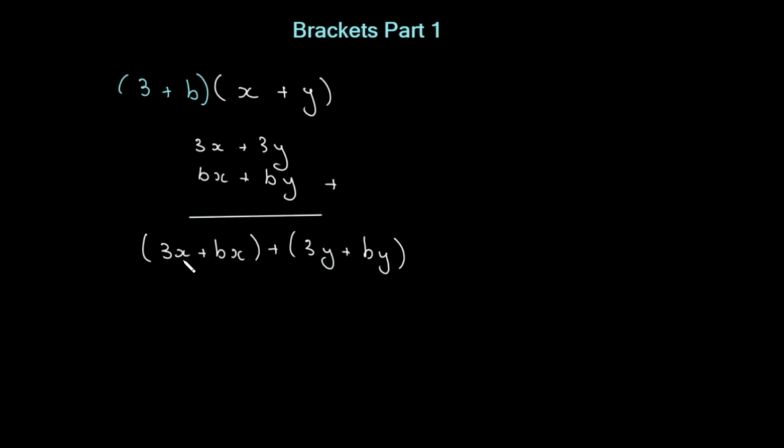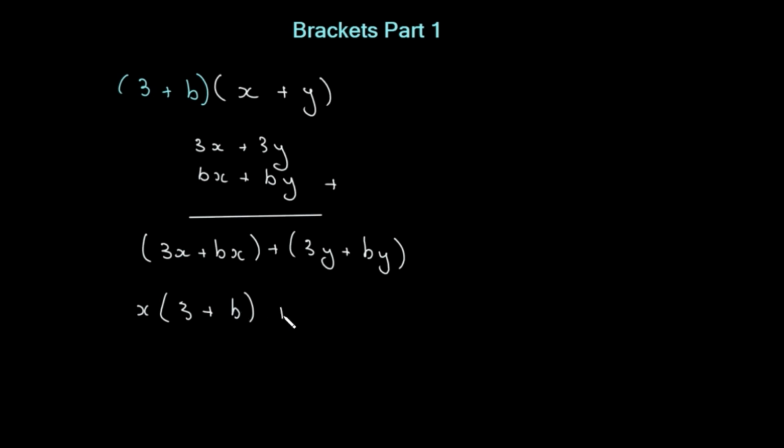In this one here, this left group, what is common, what is in both of them, is the x. So we can take the x outside the bracket. We end up with 3 plus b. X is in both, so we can take the x outside the bracket. Remove the x from 3, we get 3. There's the plus. Remove the x from b, we get b.